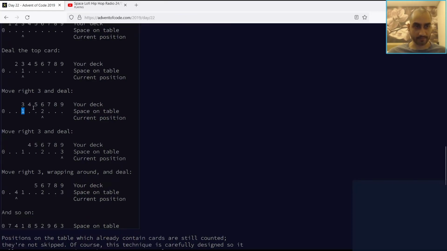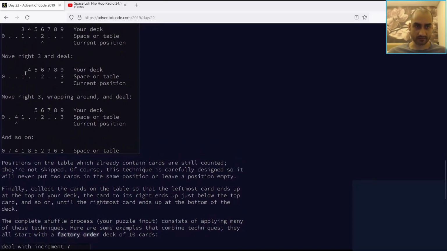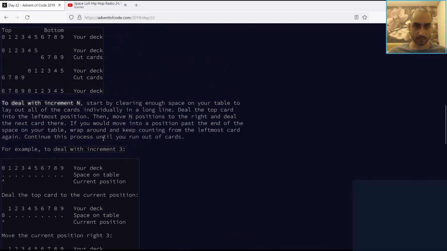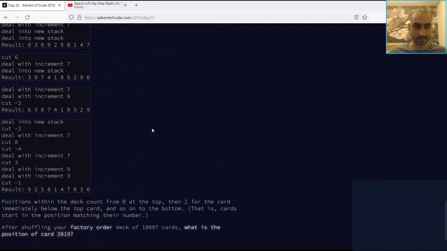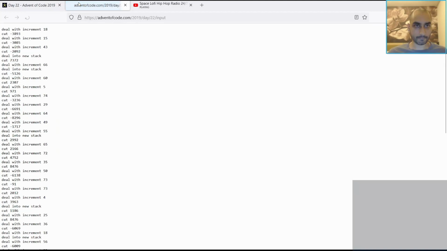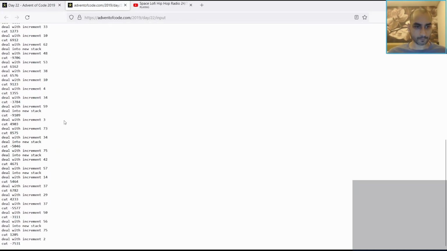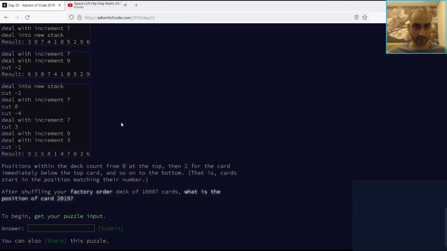If they're co-prime, there are no common factors, so you will end up visiting every space, I think. If they're both prime, that's definitely true. If they're co-prime, I think that's also true. So I assume they're only ever going to give us... well, if they give us a prime number N, I'm guessing they do, then it's always going to be co-prime, isn't it? They might have chosen the numbers nicely.